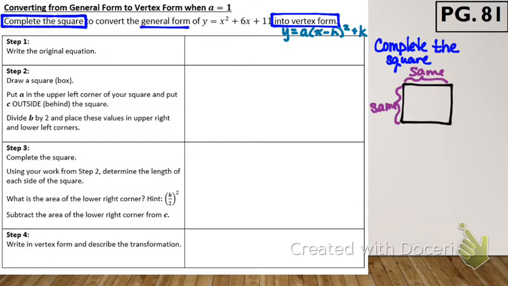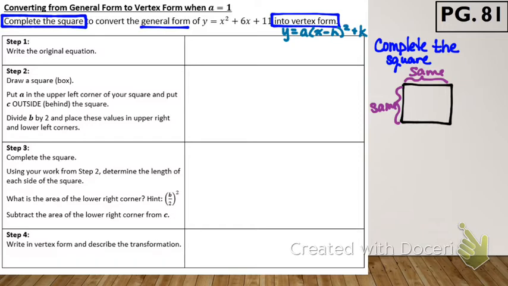So there's my vertex form. When I'm looking at vertex form, I see that I have parentheses that are squared. That's where this square comes in. And I see that it has this k value out behind it that's not part of the parentheses that are squared, so it wouldn't be part of this square here.